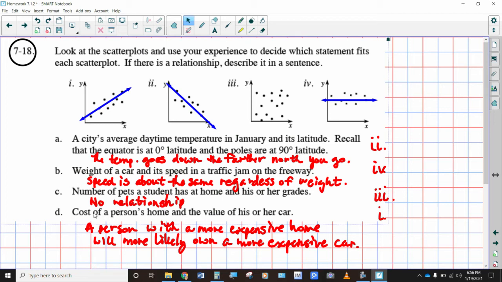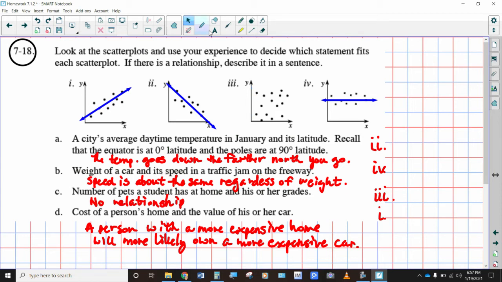And then D, the cost of a person's home and the value of his or her car. This is kind of interesting in that sometimes people are house poor, where they buy a house, but they really want a nice house, and so they overspend, so they don't have any money for anything else. And so they might be driving a less expensive car.